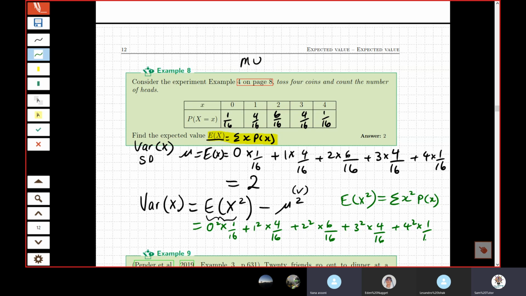Can't you just square 2, Sam? Okay, that's a good question. Imagine this as a plus b for a second. What we're doing is a squared plus b squared.